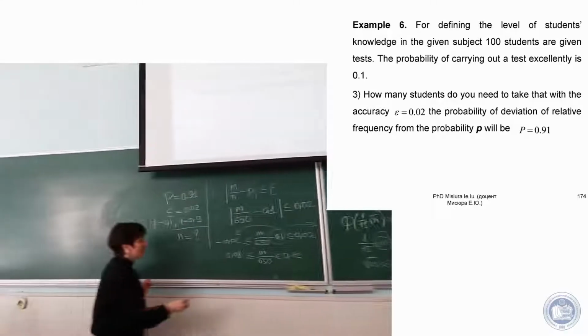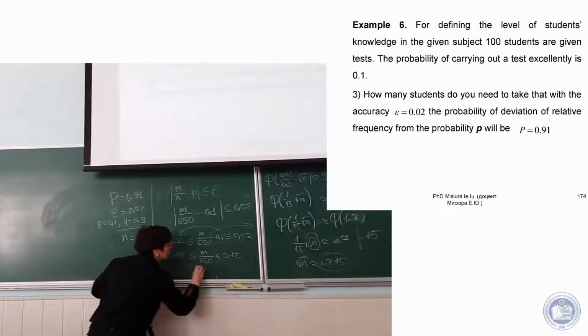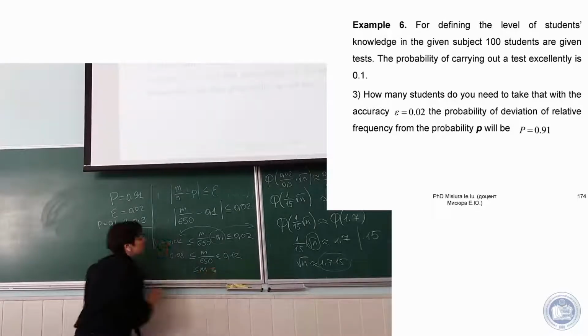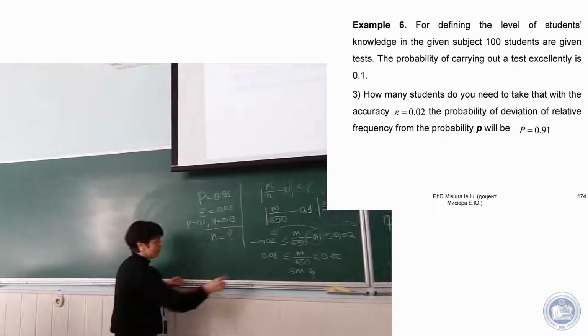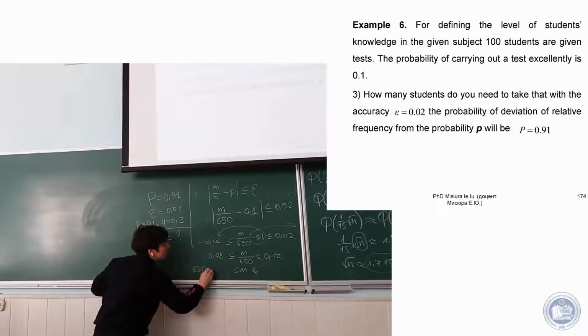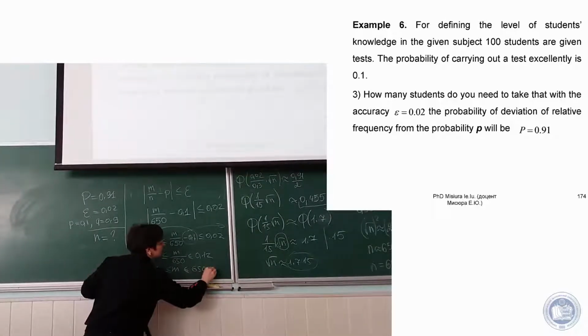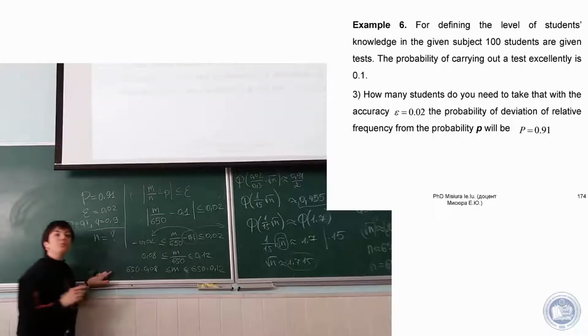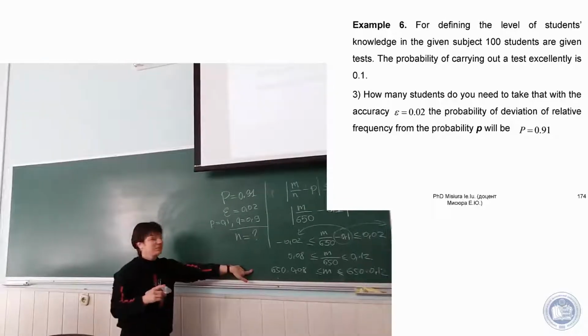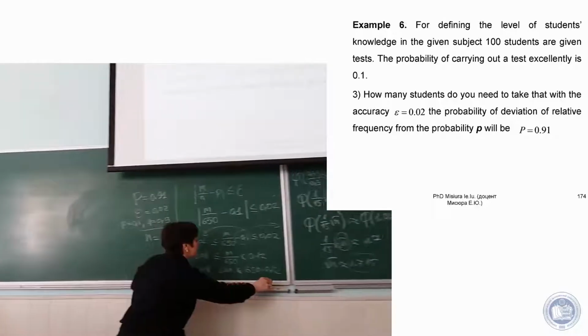Correct? Okay, students, how to find limits for m? Okay, it means 650 times 0.08 and 650 times 0.12. It will be your homework. Okay, let's finish this lecture.